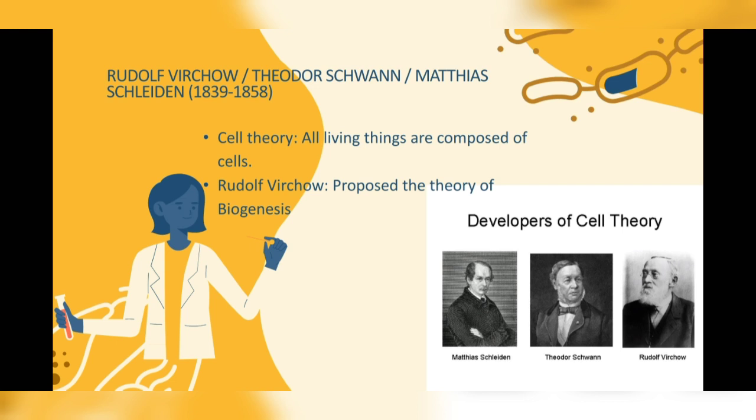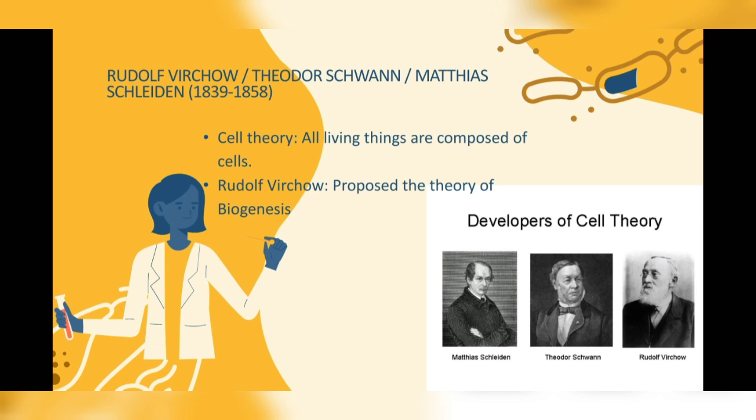Next, there are two German scientists, Theodor Schwann and Matthias Jakob Schleiden. Theodor Schwann is a zoologist. Matthias Jakob Schleiden is a botanist. They suggested that cells were the basic unit of structure and function of all living things. Later, in 1858, the German doctor Rudolf Virchow observed that cells divide to produce more cells.